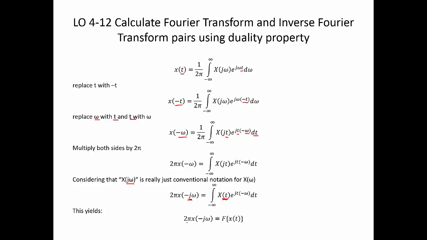This yields the fact that 2 pi times our time function at minus j omega is equal to the Fourier transform. What we see on the right here is our Fourier transform function, our analysis equation. And that's going to yield 2 pi times our time signal with a minus omega, and the Fourier transform of our x of t signal on the right side, which is going to be an x of j omega, but with a letter t in there.